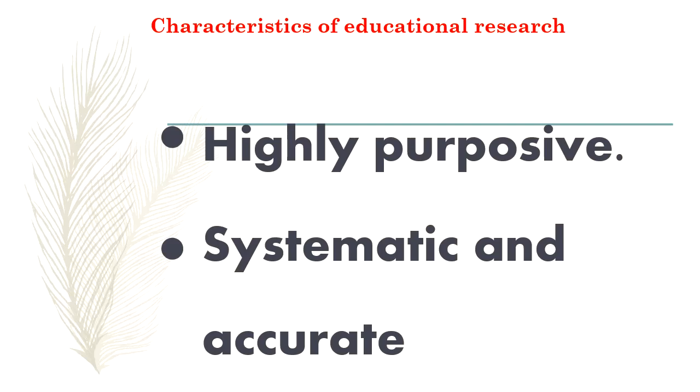We also organize the raw data in educational research so that we can get the information in a proper way. It also emphasizes generalization. That means the result can be put forth for a larger audience. So educational research always emphasizes generalization of the result so that it can be applied to a larger audience.